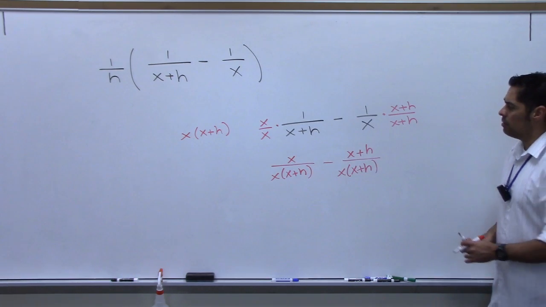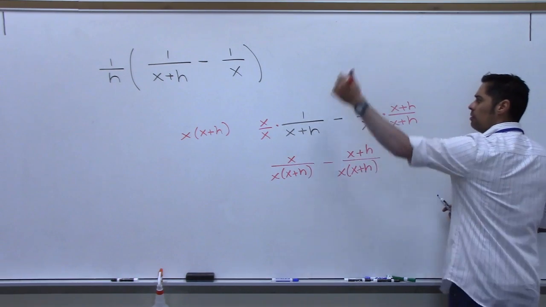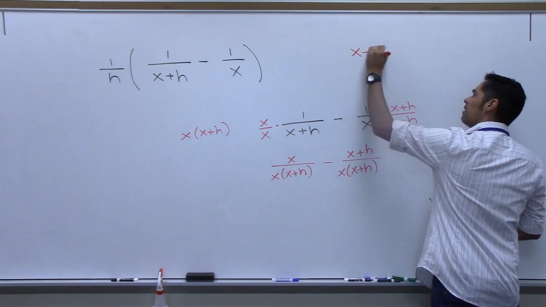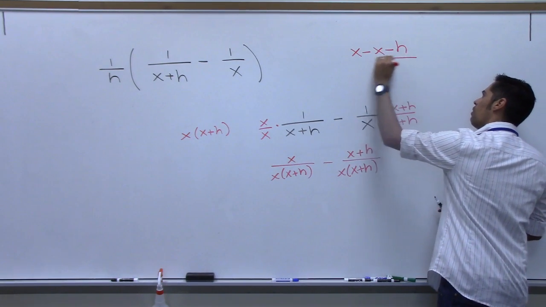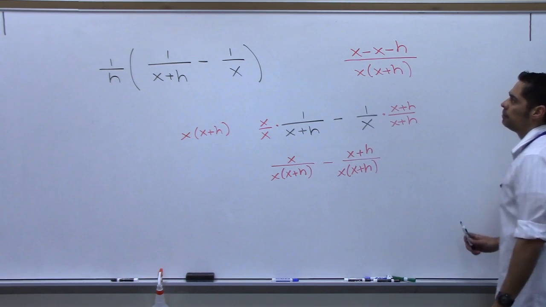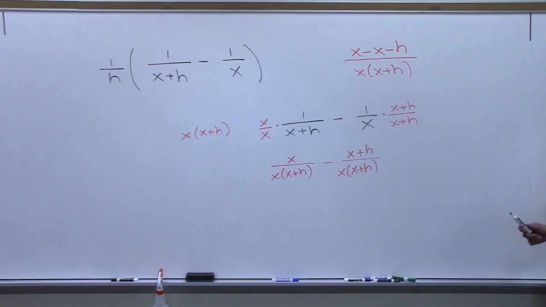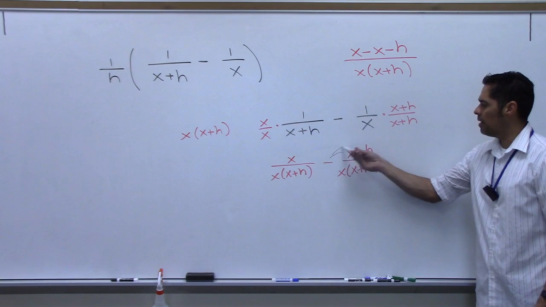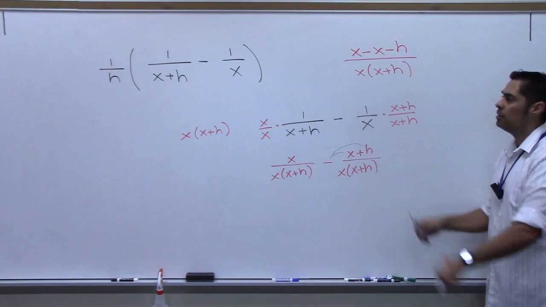So you're looking at going to x minus h over the common denominator. And your x's cancel. Okay, good. That's right. Y'all see that? The minus sign goes here and here when you put those together.